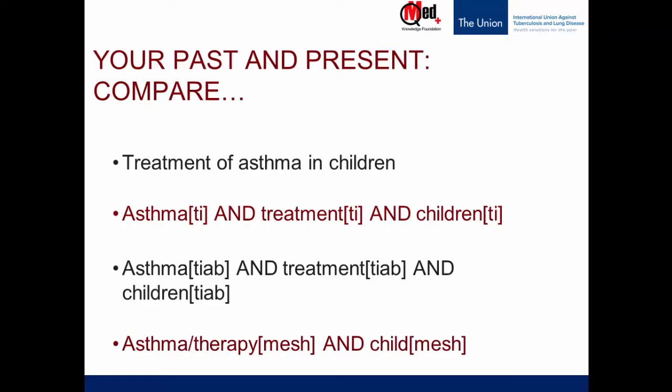In the titles or abstracts, the authors may have used the word treatment or therapy or intervention, so many different synonyms. For children, they may have used children, child, babies, etc. But when there are standardized MeSH tags applied to all of them, we at one shot get all the relevant results about treatment of asthma in children.